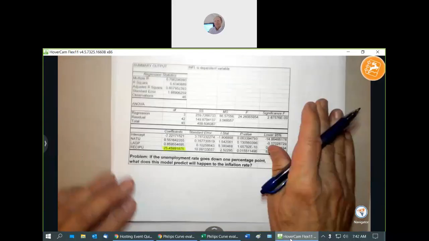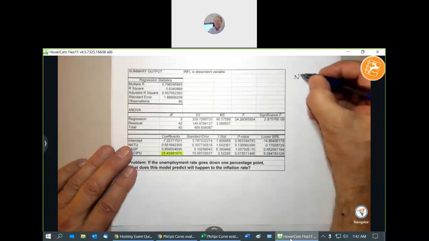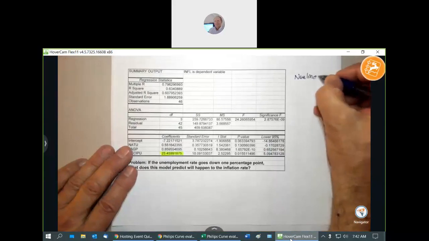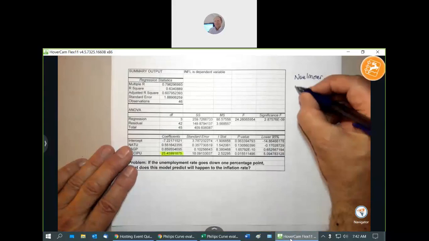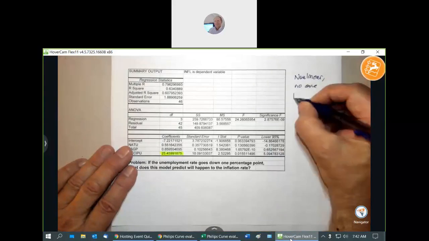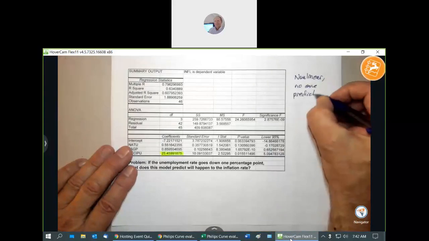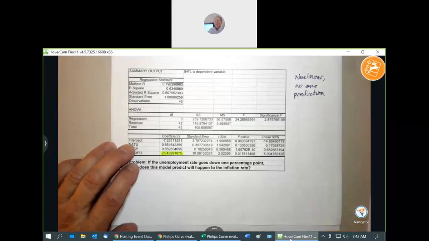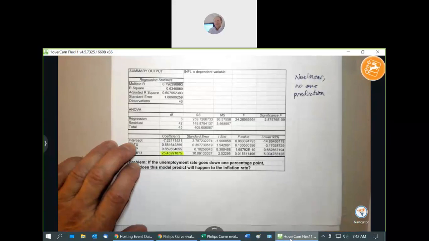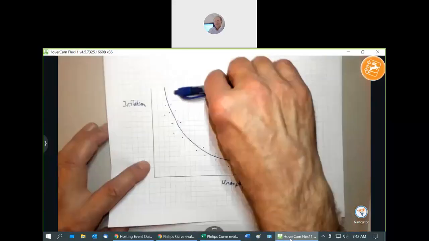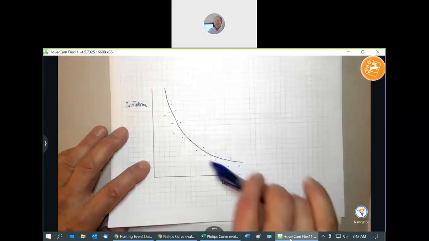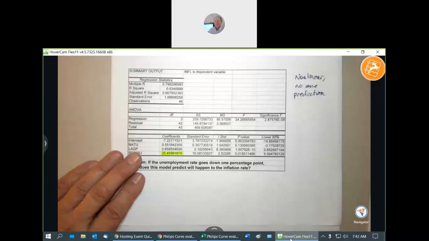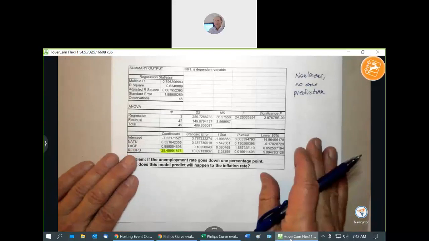Well, the first thing I want to note for you up here is that for a nonlinear model, there is no one prediction. The very fact that it is nonlinear means that there won't be any one prediction. It's curvy. And so that means that you get a different prediction up in here than you do down there. It's not a straight line. That is its strength, but it does make the prediction a little more complicated.